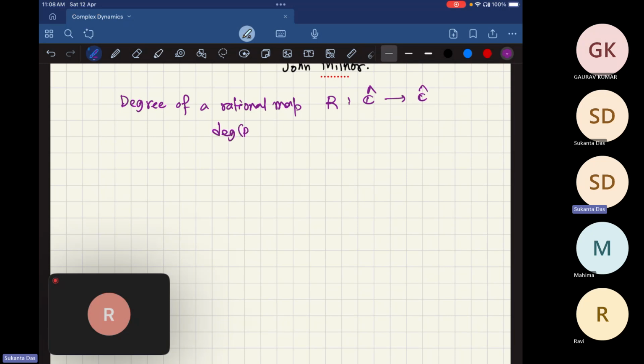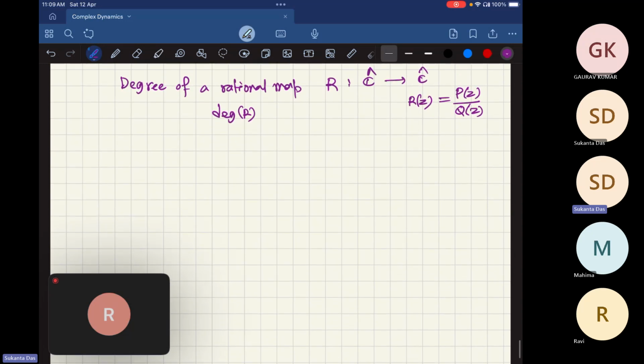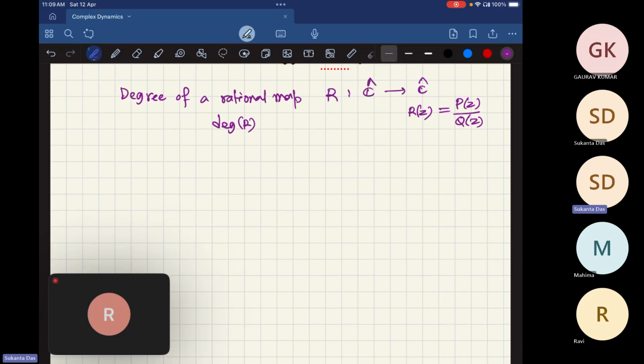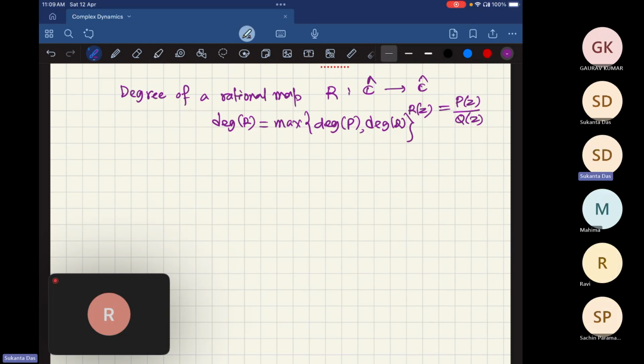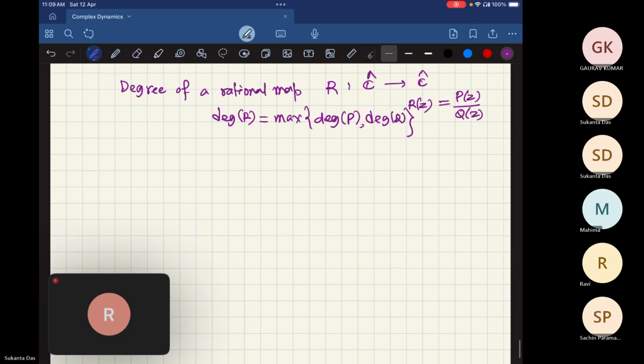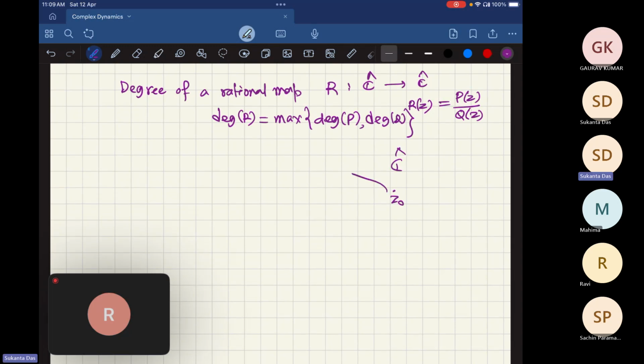We know that a rational map is of the form P(z) by Q(z), where P and Q are polynomials with no common factors, and the degree of R is defined as the maximum of the degree of P and the degree of Q. One can see this: if you take any point from the codomain C hat, say z naught, and take the inverse image under R of this point, then you will have exactly m pre-images, counting multiplicity. This m is nothing but the degree of the map R.